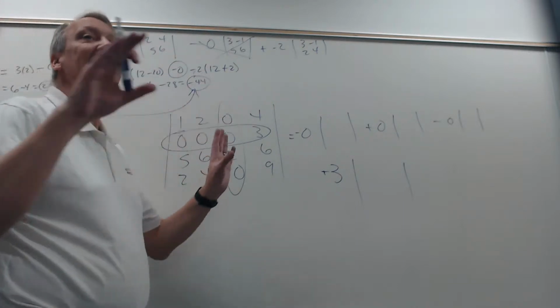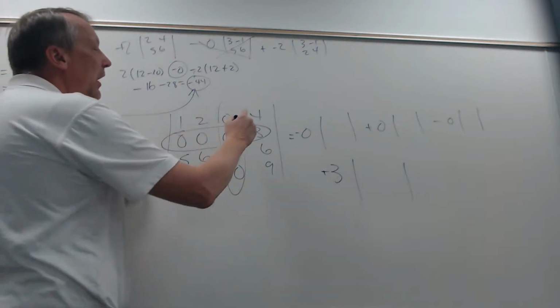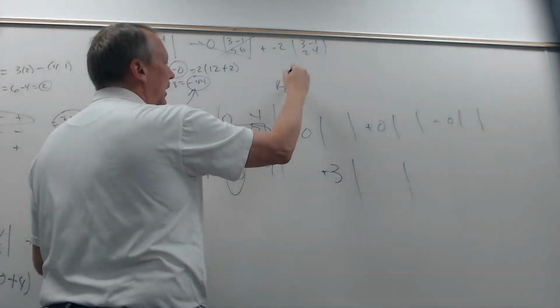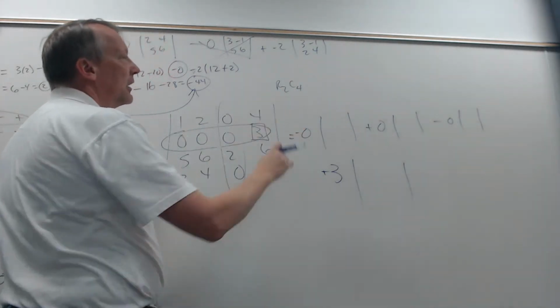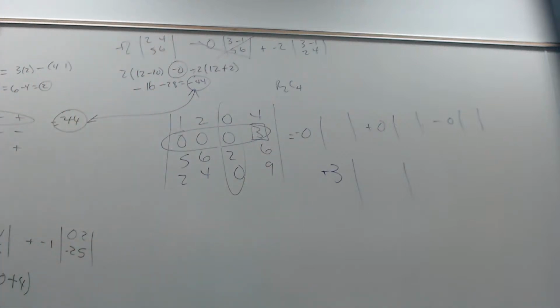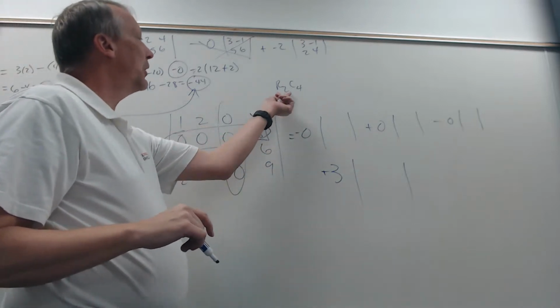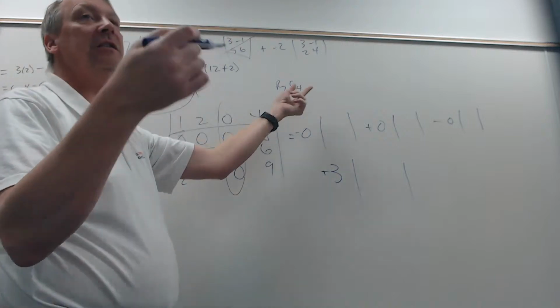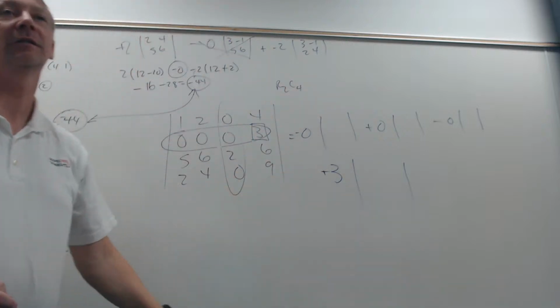Another way, the mathematical way to do it, and actually the correct way: where is this located? Row 2, column 4. 2 plus 4 is 6. 6 is an even number, so it's positive.